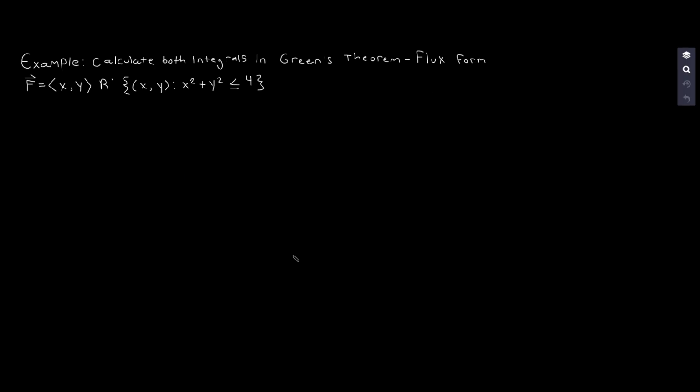This one says calculate both integrals in Green's theorem flux form for vector F, where the region is the set of (x, y) such that x squared plus y squared is less than or equal to 4.